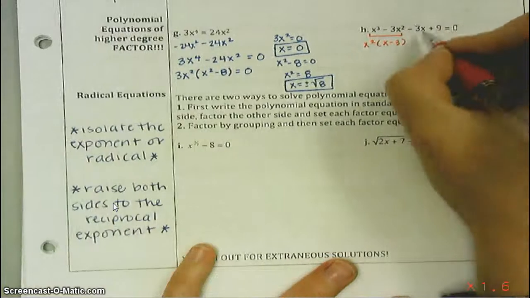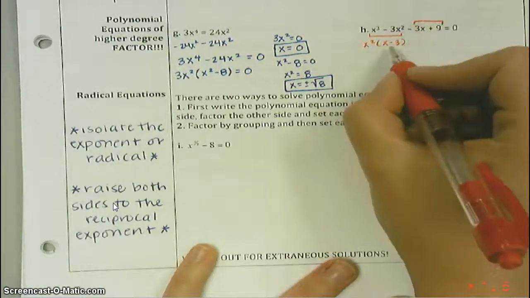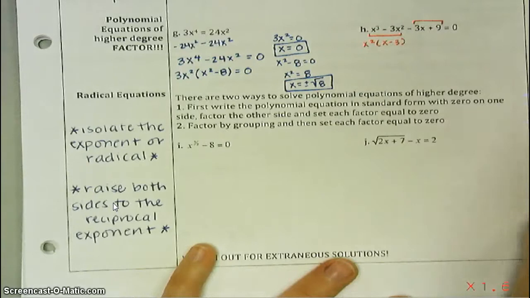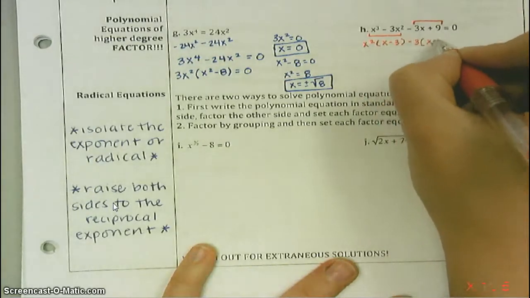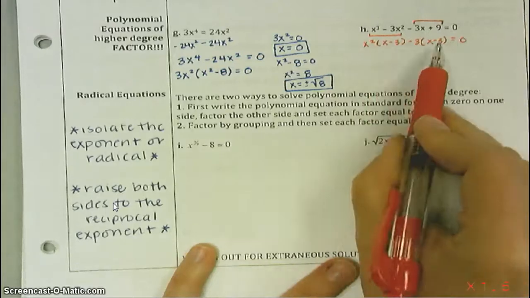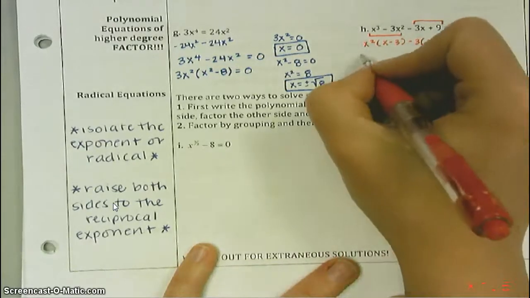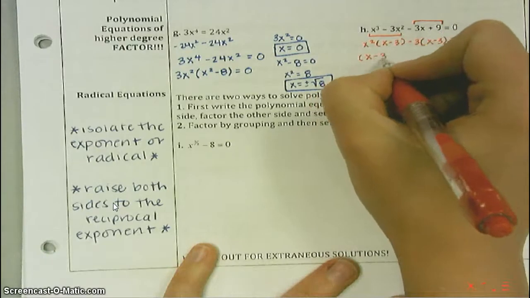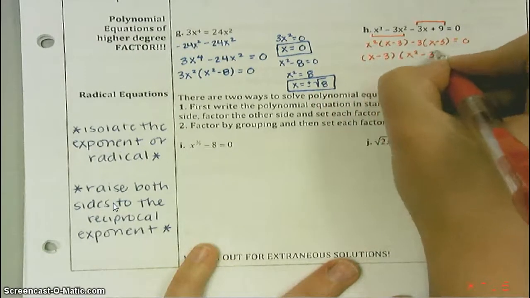And then look at the next two terms, and you have to factor out something from these two terms so that you end up with the same quantity as you did with the first part. So I'm going to take out a negative 3. So I'm going to get an x minus 3. Here we have the same quantity in the front and back part of this equation, so we can take that and factor it out. And the leftovers combine together in the second quantity.